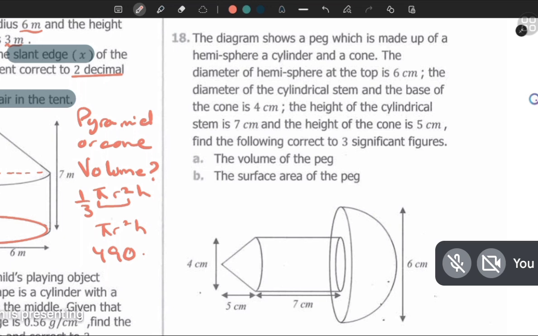Could you repeat that again? Yes. So you have a solid hemisphere.